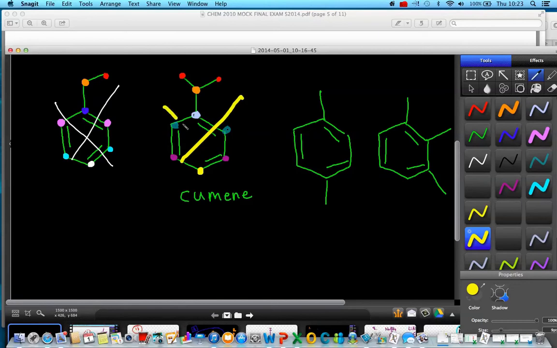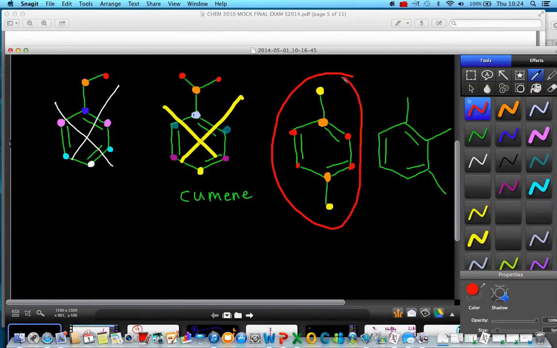So B can be safely eliminated. C, 1, 2, and all these guys are going to be equivalent. 3. There's our answer choice. So 22, the credited response is C. All these methyl groups would be equivalent. All of these carbons would be equivalent. That's 2, 3, 4. C is the best answer choice.